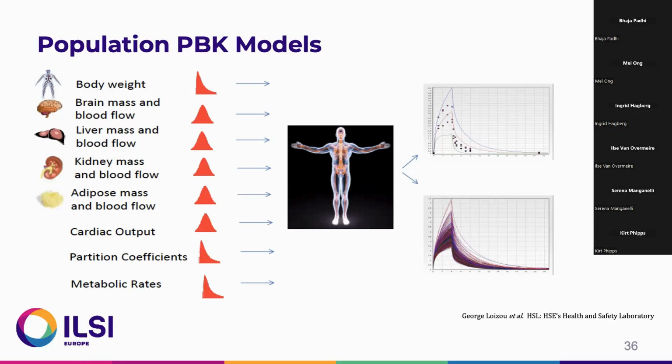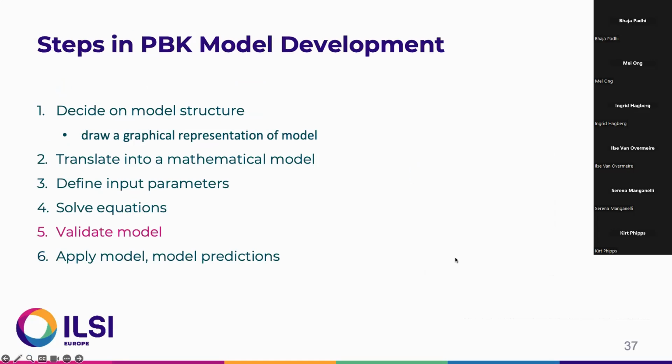This is where we can use population PBK models. So instead of giving it an exact value, you can give it a range, and then use Monte Carlo simulations to simulate thousands of individuals, for example, to see the range at which you can expect the concentrations in each of the different tissues.